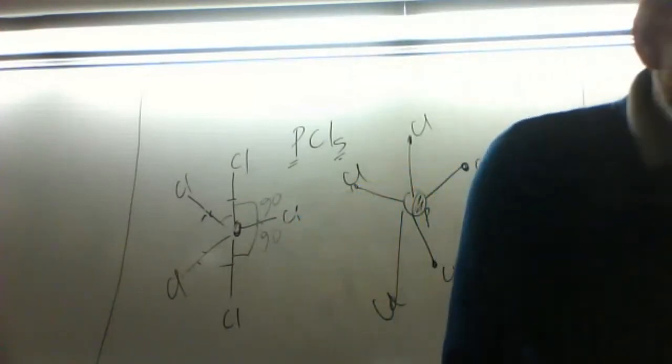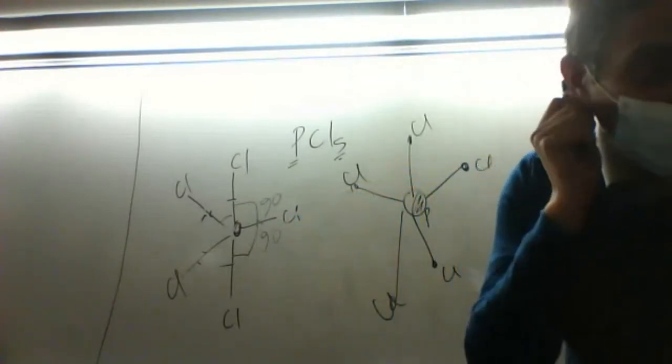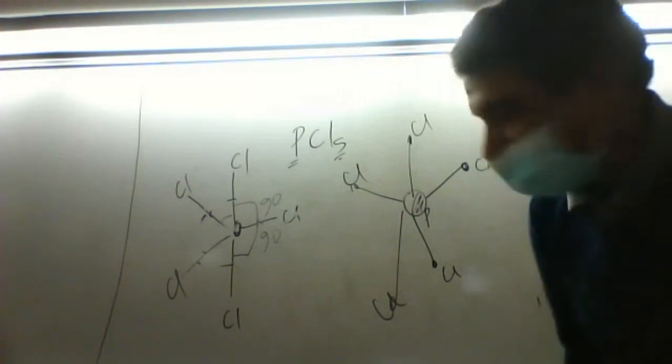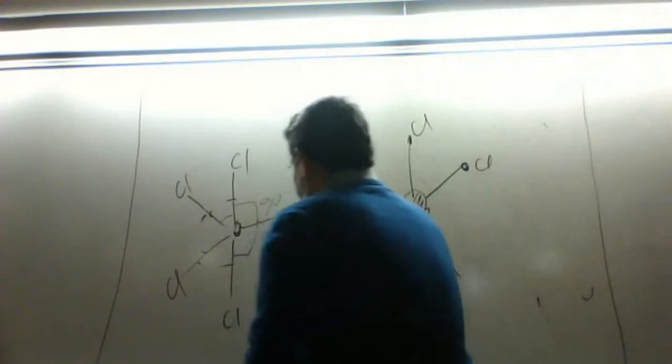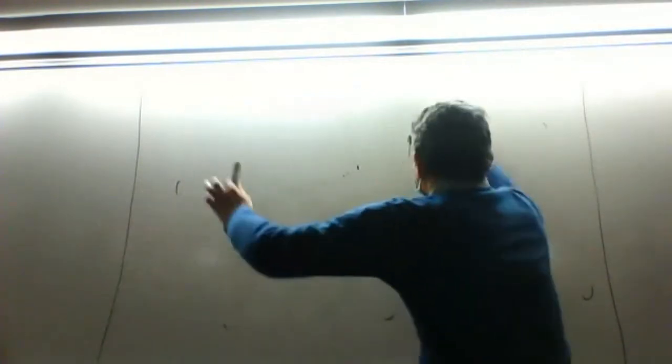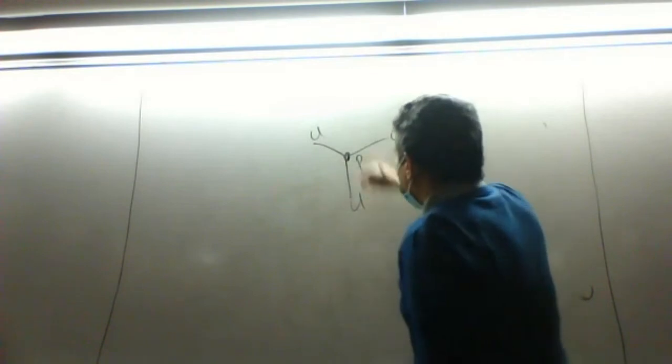Now let's talk about another one. Let's distort that PCl5 molecule. This is a P here in the center. This was Cl, this was Cl, this was Cl, so they were in the plane.